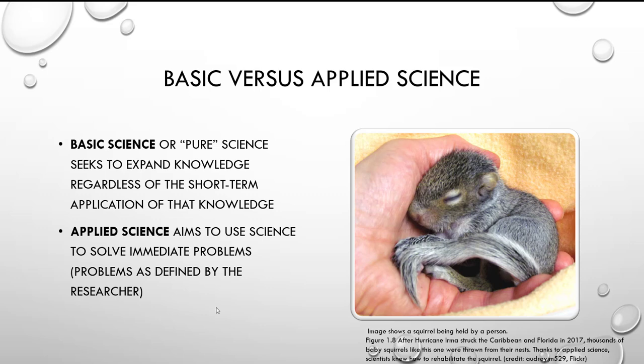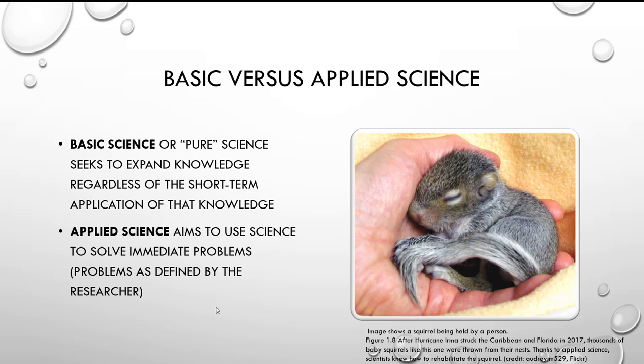Applied science aims to use science to solve immediate problems, okay? So for example, think back to COVID and remember how there was a race to find a vaccine for COVID.